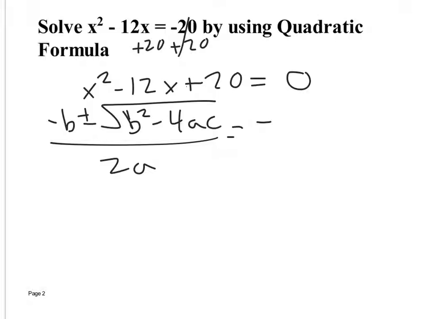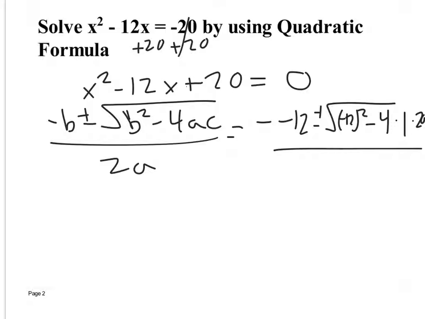Negative b is negative 12, plus or minus the square root of negative 12 squared, minus 4 times a, which is 1, times c, which is 20, all over 2a, where a is 1. And if you're confused, remember the parent function is ax squared plus bx plus c. That tells you where a, b, and c are.